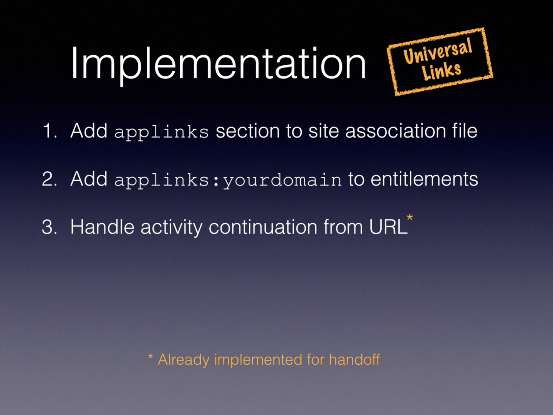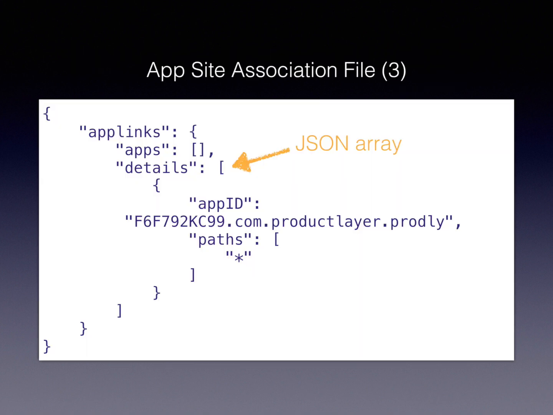And this is how the app site association file looks. In this case, it needs to be a bit more complicated. You have the app links key, apps. Currently, there's an empty array because it's not limited to specific apps in this case, but in the details, you specify which parts of your website can be opened by which apps.